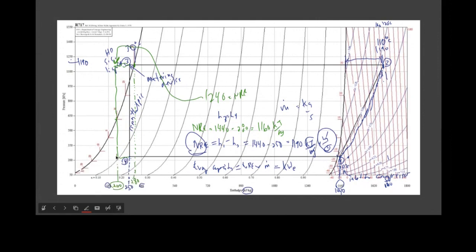And how do we do that? What we are doing is rejecting more heat in the condenser and reducing the amount of flash gas. So this represents how much gas flashes.